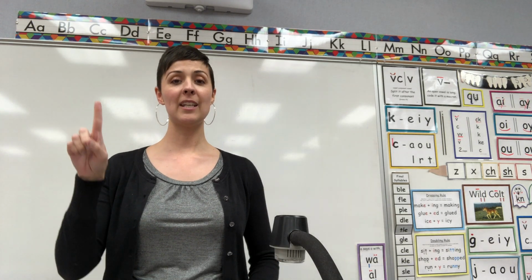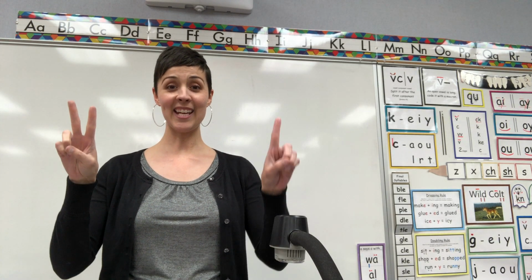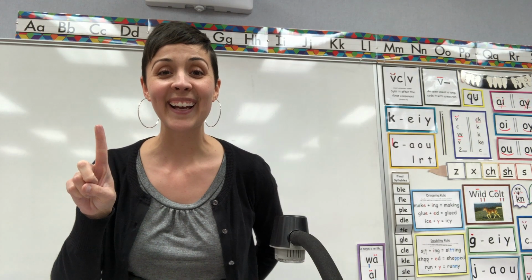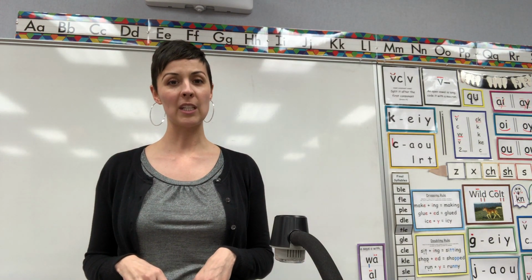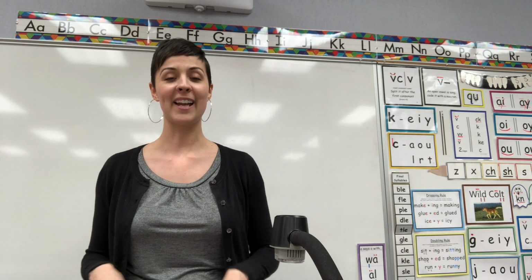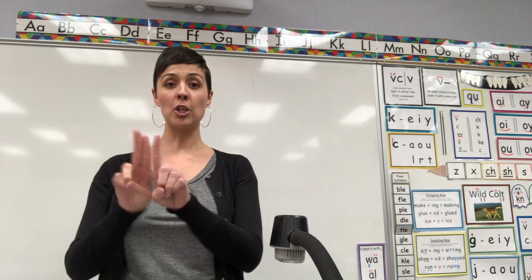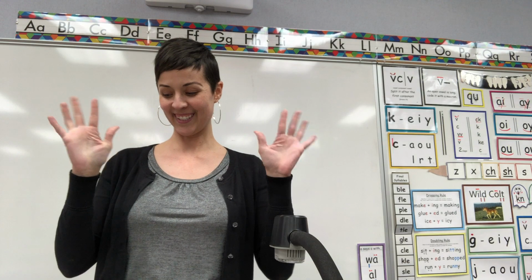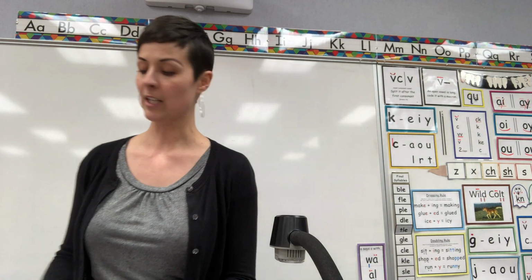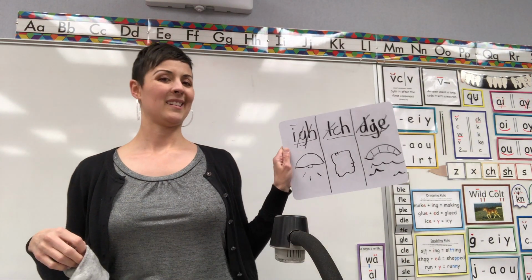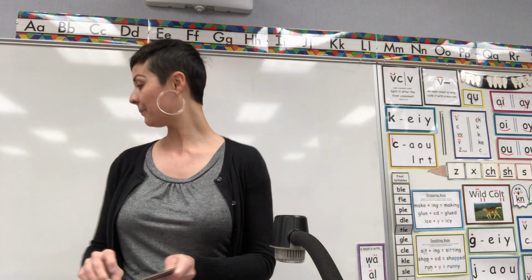Ready? T, C, H, ch. Good. And last one, will you do D, G, E, j? Ready? D, G, E, j. Good. Oh, that's a fast sound. Erase, erase. Well, if you have a whiteboard, you can erase.